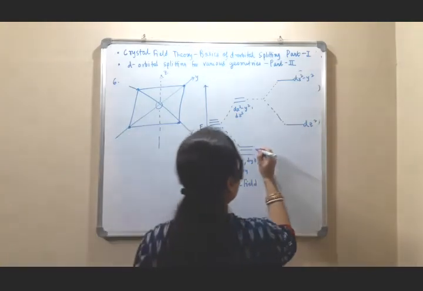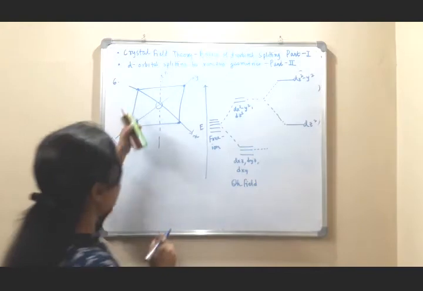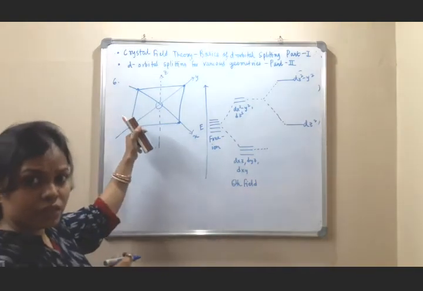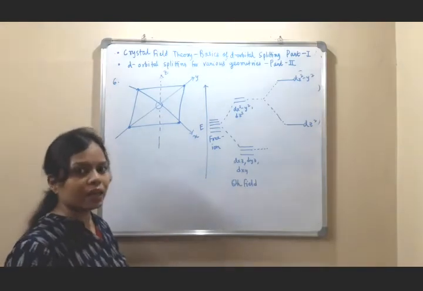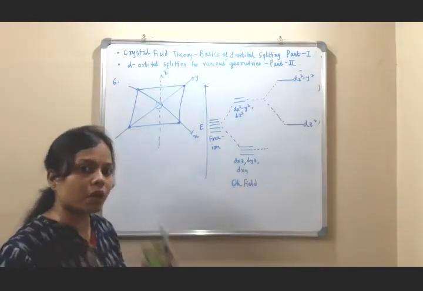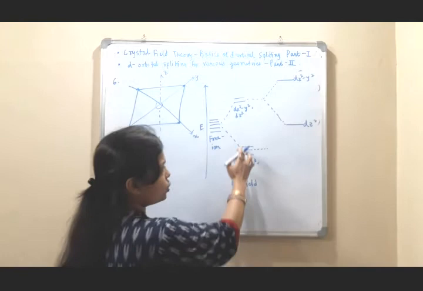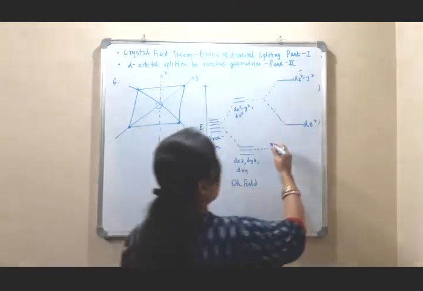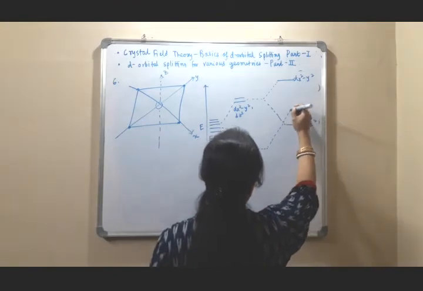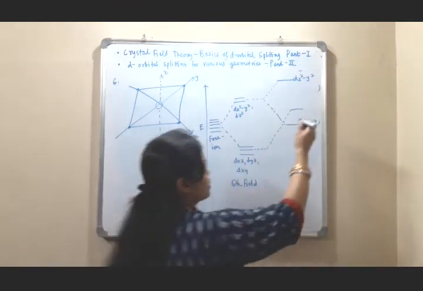And here, over here also what happened? Since here the ligands are present in the xy plane, so obviously the orbitals containing the xy plane will be repelled much more strongly. So in comparison to these three, this dxy will now raise in energy. And it will raise to such an extent that it will go above dz square.